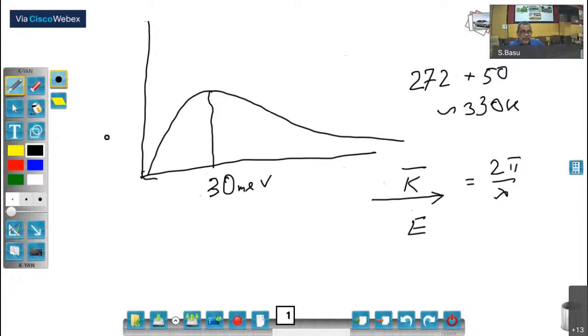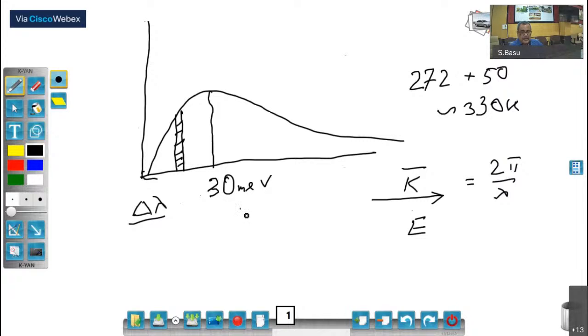What we do for every experiment is take a slice of this Maxwellian. And when you take a slice, you have to remember this slice will give you a delta lambda, a spread in wavelength.